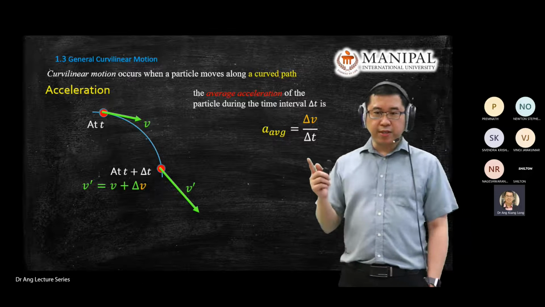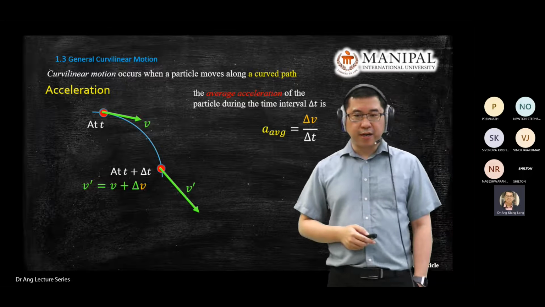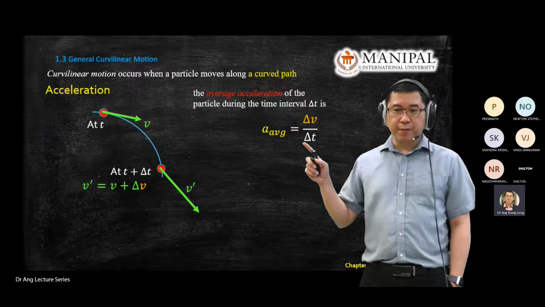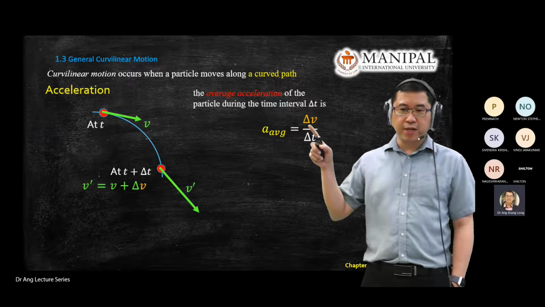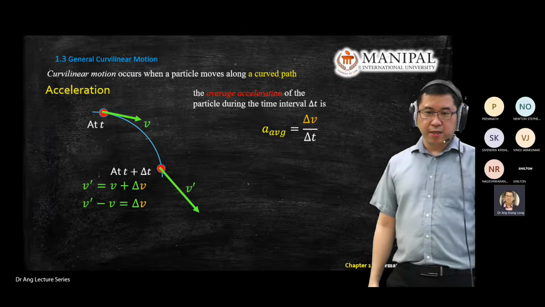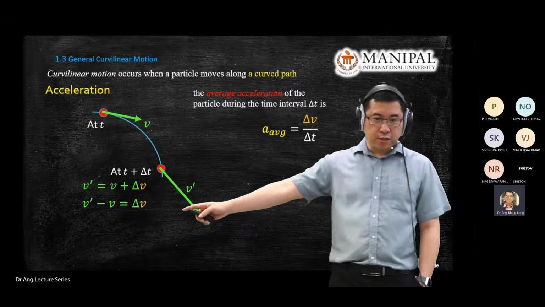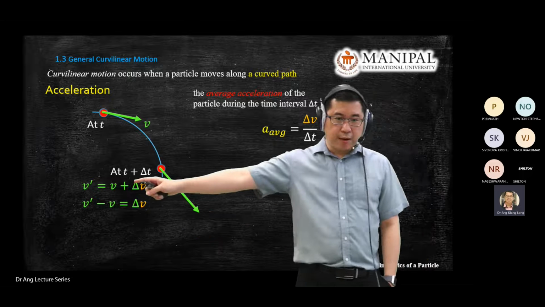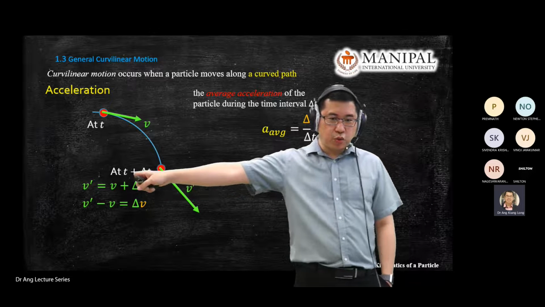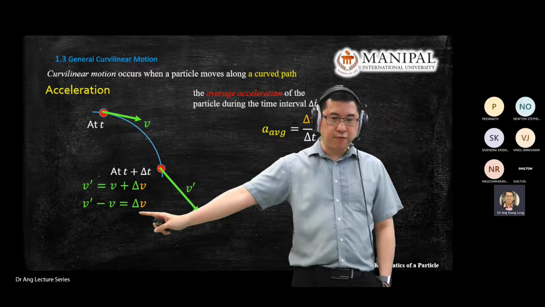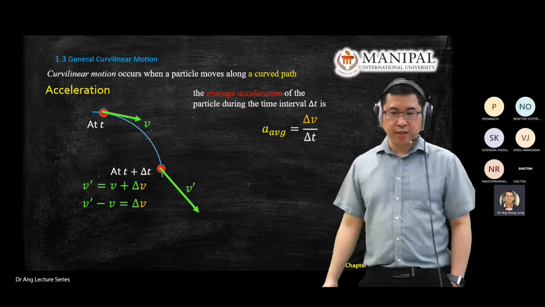To get instantaneous acceleration, we use the limit as time goes to 0, and we change the triangular delta to d. Okay, so I just rearrange my equation. I pull my v to the left-hand side. I get v prime minus v equal to delta v.